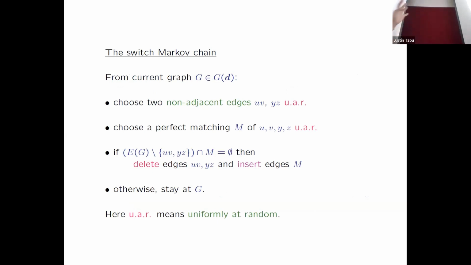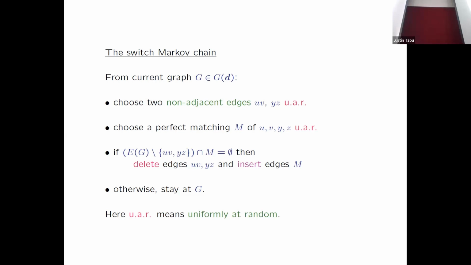But here's the pseudocode for the switch chain. So you're at some current graph with the given degree sequence. You grab two non-adjacent edges uniformly at random, non-adjacent, so you have 4 distinct vertices. Choose a perfect matching of those 4 vertices uniformly at random. Well, there's just 3 ways, including the 2 edges you just selected. Then you think, if I remove my 2 selected edges and put the perfect matching edges in, am I creating any multiple edges?